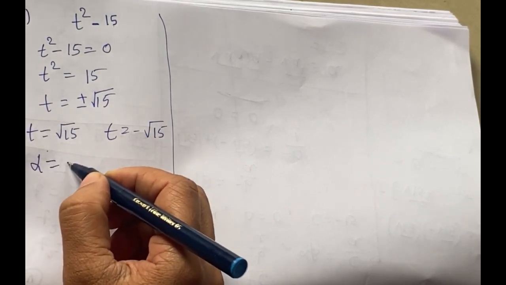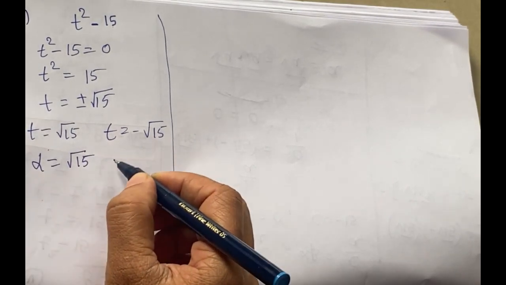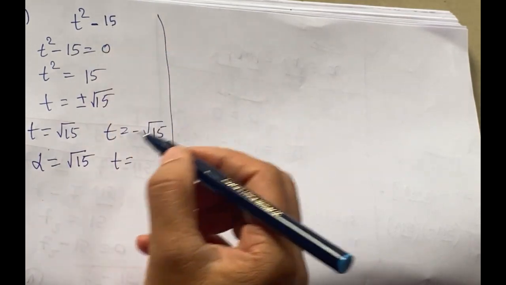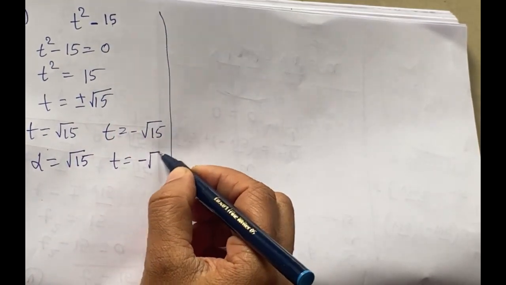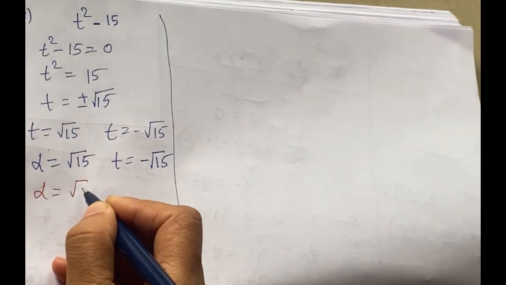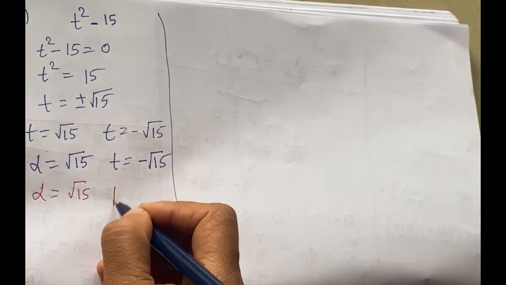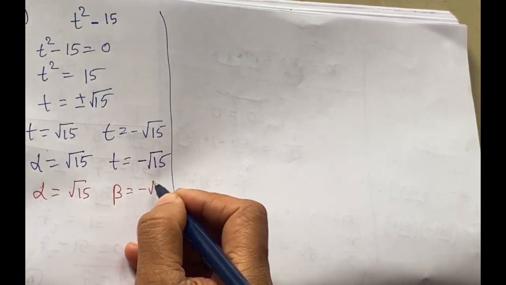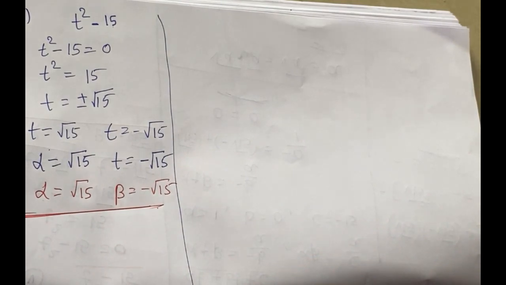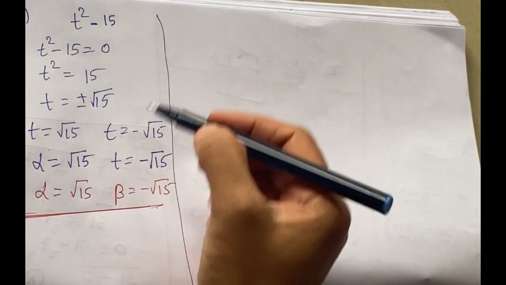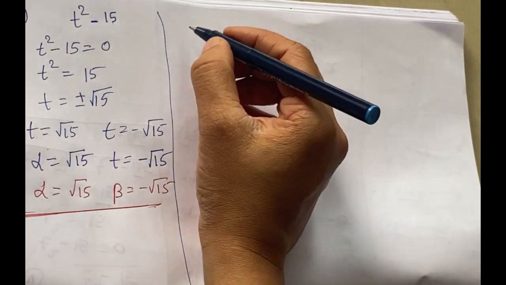I will take alpha as one of the zeros of this polynomial: alpha is equal to root 15 and beta is equal to minus root 15. These two are the zeros of this polynomial. Next, I will verify the relationship between alpha, beta and a, b, c.